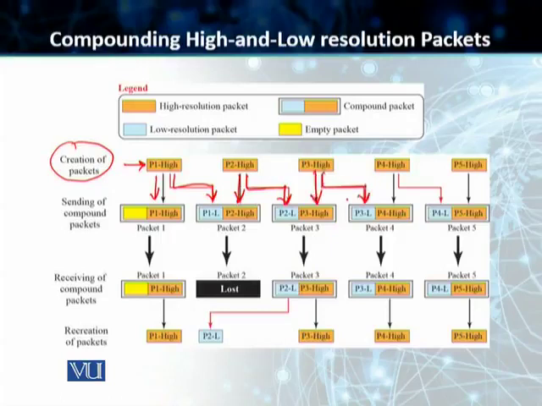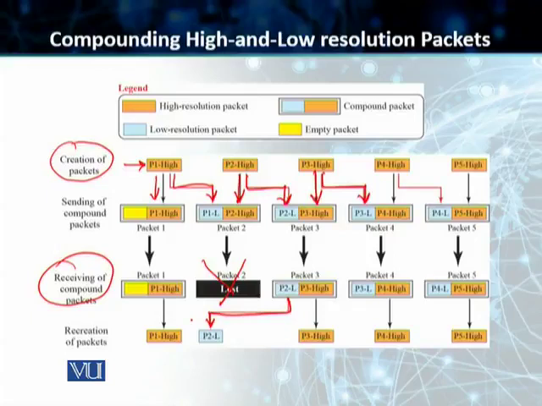So students, in this case, if on the receiving end our packet number 2 is lost, we still have a low resolution version of this packet sitting in packet number 3, and we can use that to recover or recreate packet number 2 at runtime.